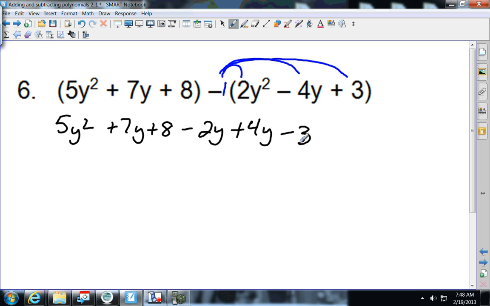Put together the terms that go together. Oh, I forgot a squared on one of them, didn't I? There we go. How many y squareds do I have?